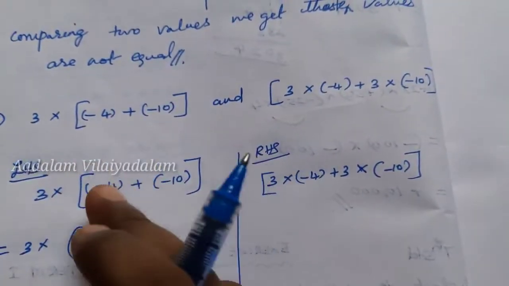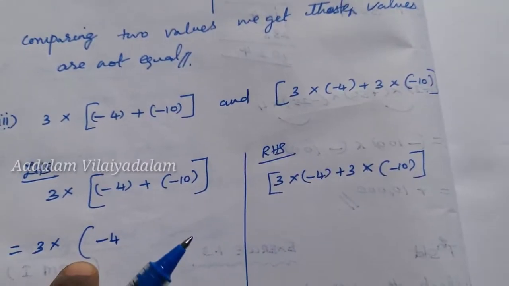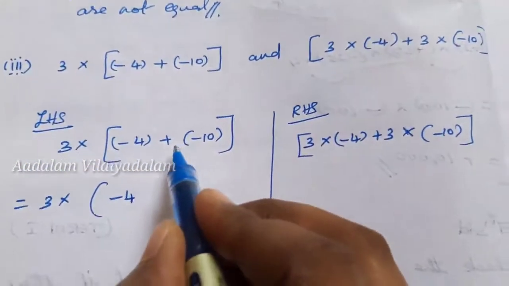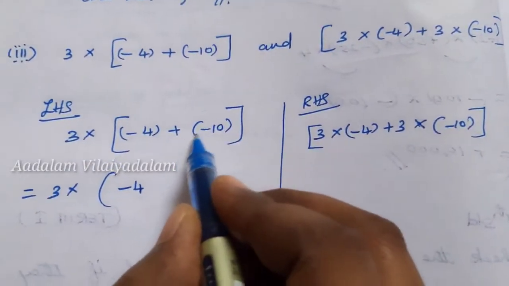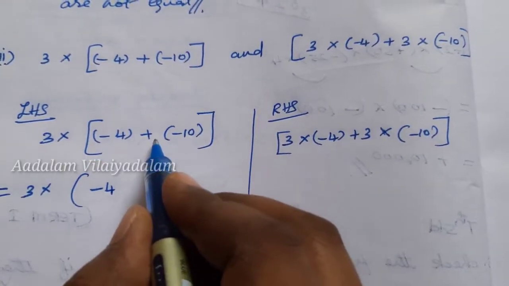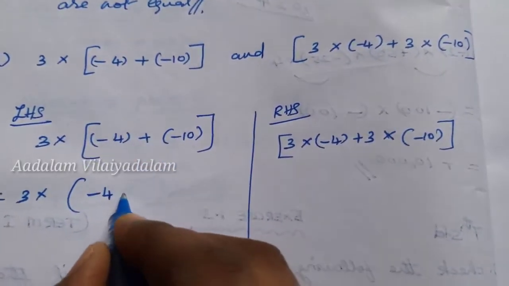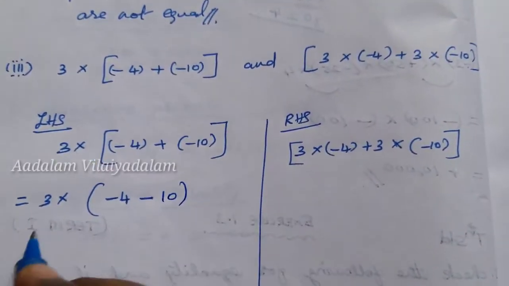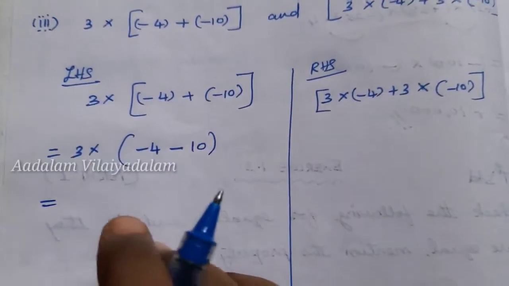Since I am removing the bracket, I am writing it as a curved bracket. Then plus into, there are two signs nearer. What shall we do? We'll do multiplication. Plus into minus is minus. Then the remaining integer is 10. So we simplified that one.